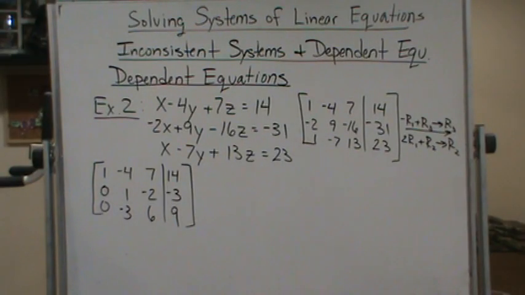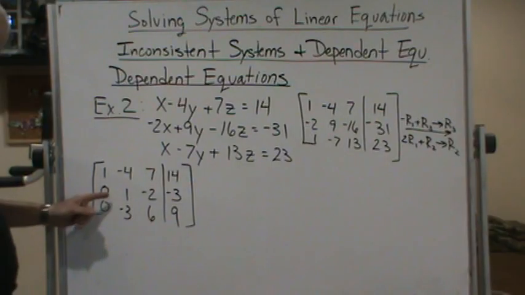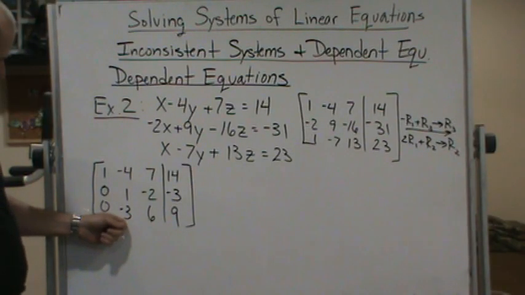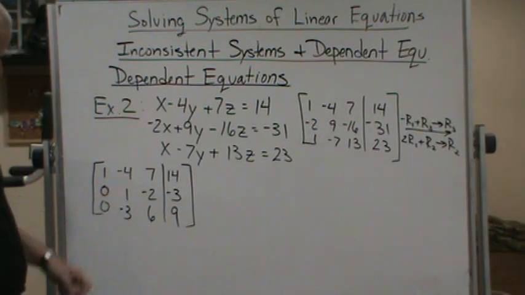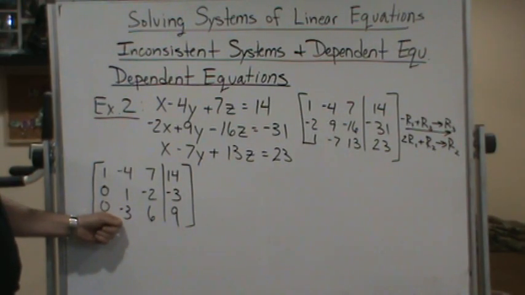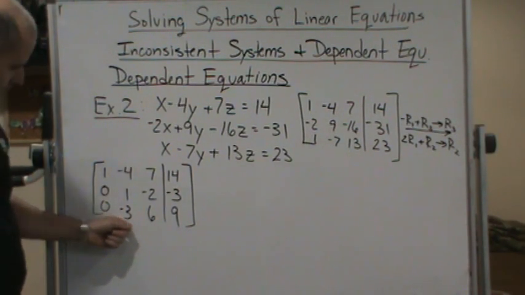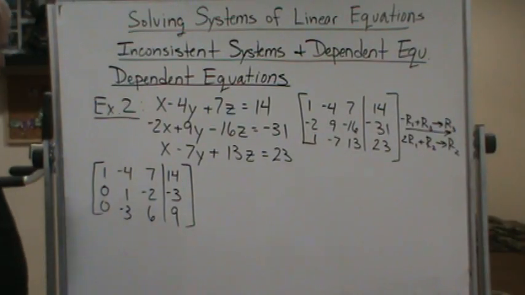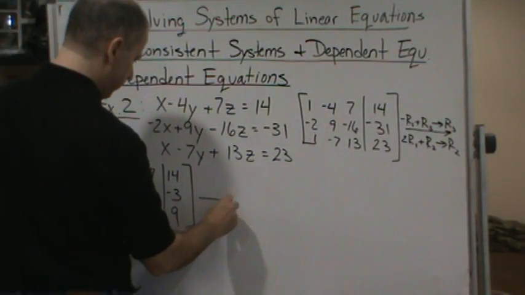And now you can see that we've got dependent equations, because this row is just -3 times this row. So if we take 3 times row 2 and add it to row 3, all of these are going to become 0. Okay, so let's do it.